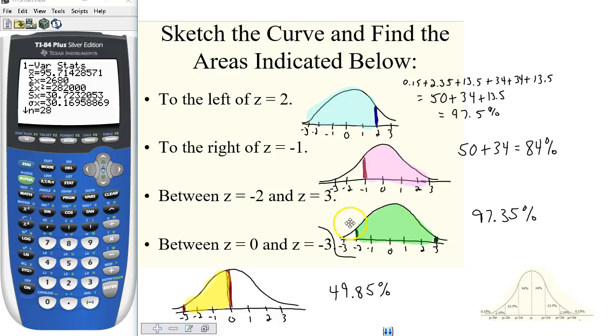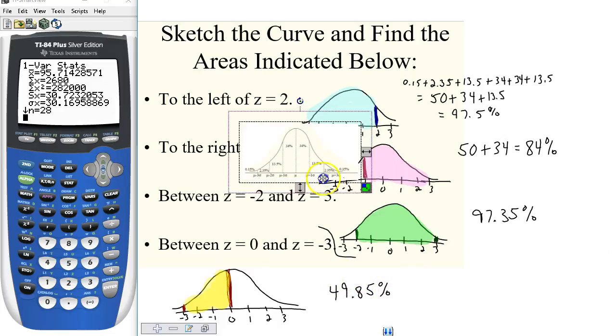I could also subtract out the things that I'm not shading from 100%. Either way, I should get 97.35%. And from z equals 0 to z equals -3, shading to the left of 0, it's almost 50%, but there's this little 0.15% over here that is not included. So you should get 49.85% if you were to work those problems out.